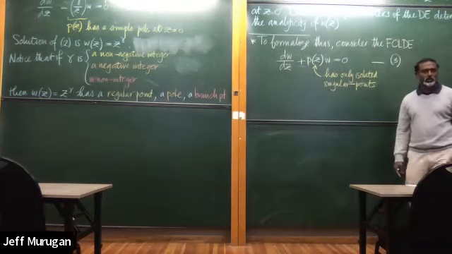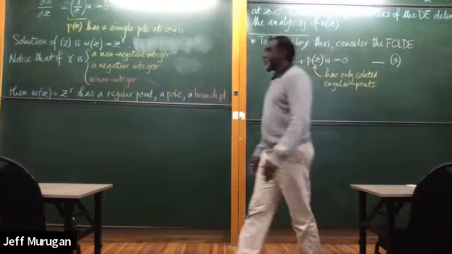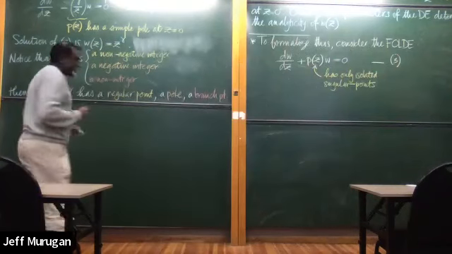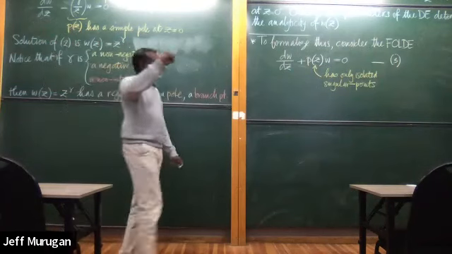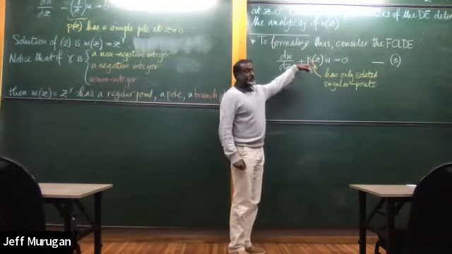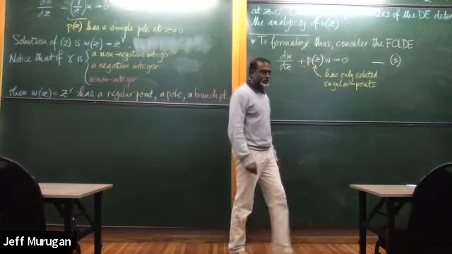It has some poles or branch points, but whatever they are, they're going to be isolated. Means that I'm going to be able to draw some circle around these points of sufficiently small radius on the complex plane and not encounter another such point.